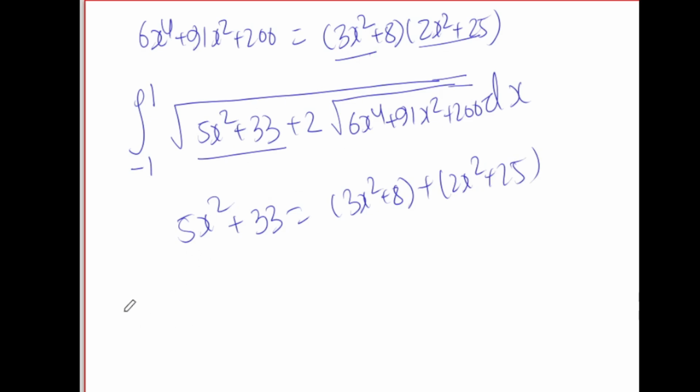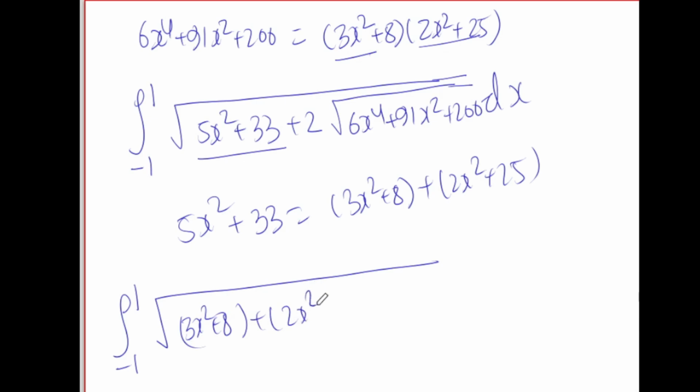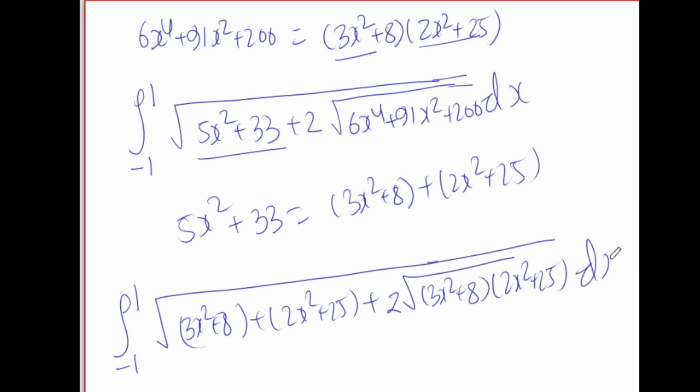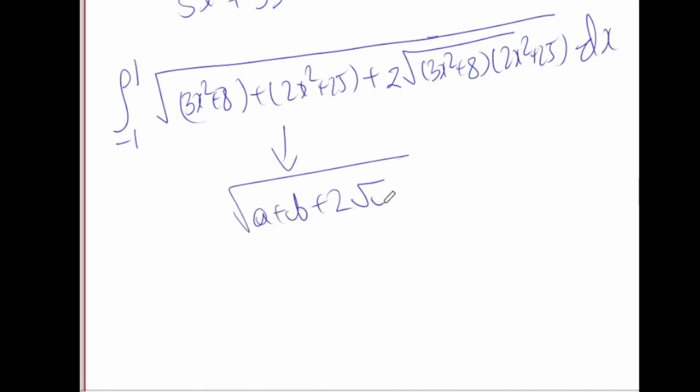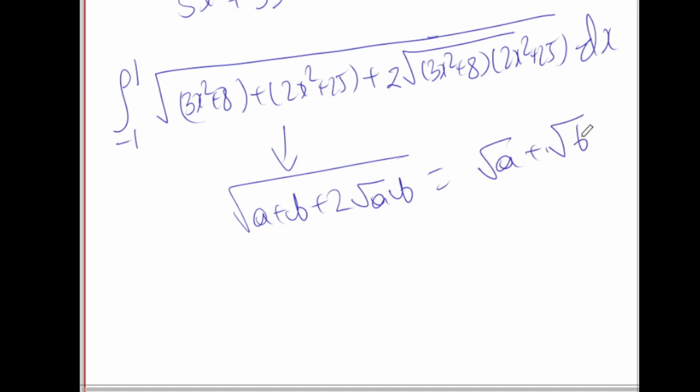So this integral from minus 1 to 1 of root under 3x square plus 8 plus 2x square plus 25 plus 2 root under 3x square plus 8 times 2x square plus 25 dx, right? This whole thing is basically of the form a plus b plus 2 root ab, which is the same as root a plus root b, right?